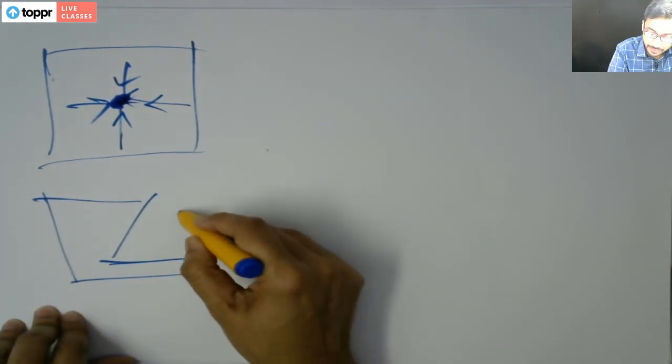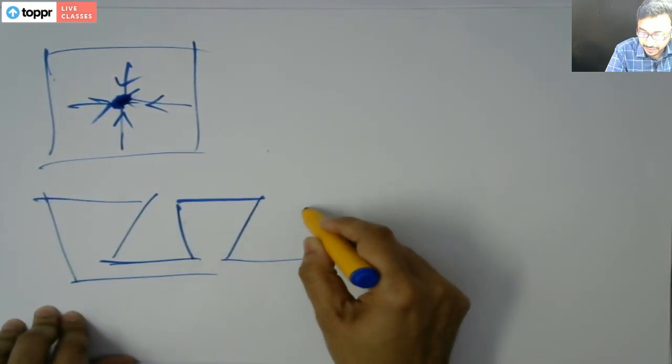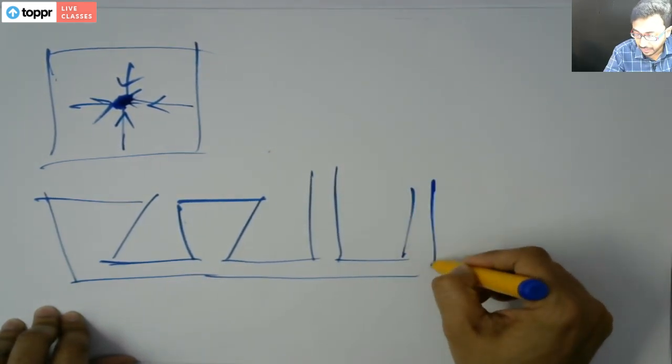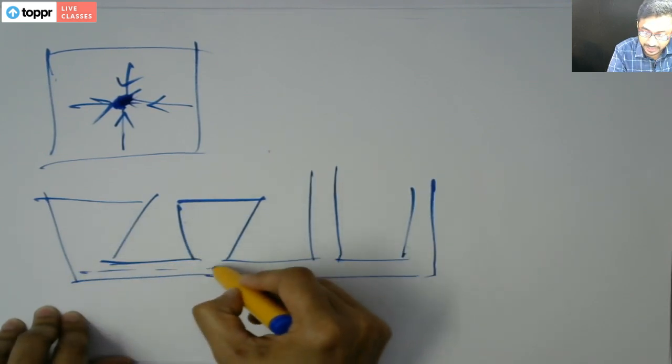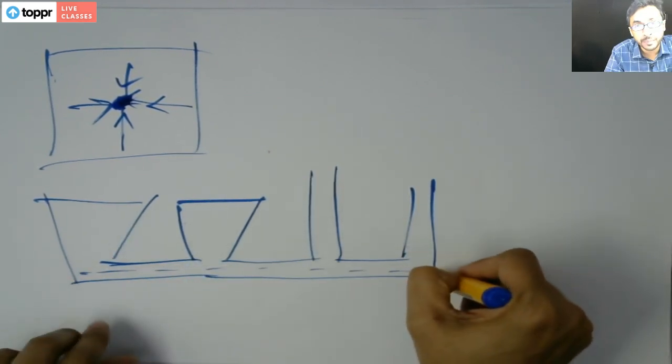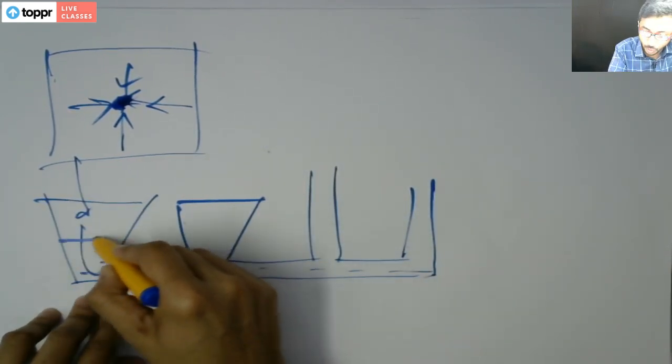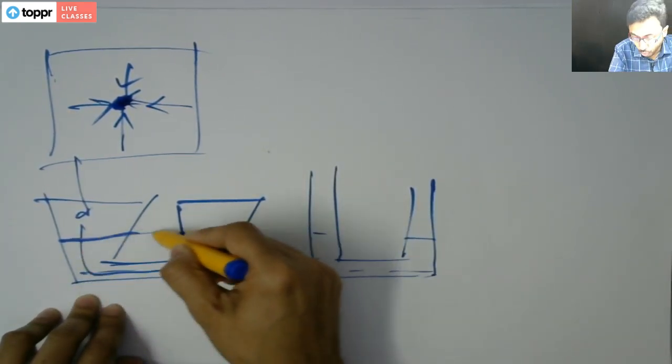It means what? Say we have different shaped vessels, all connected through a common channel. You will see if you pour water in any one of them, water will go up to the same level in all the vessels.